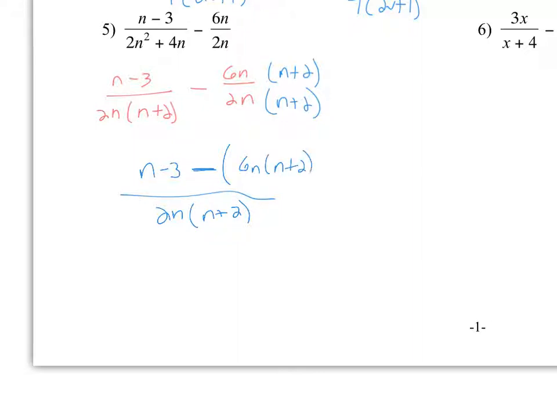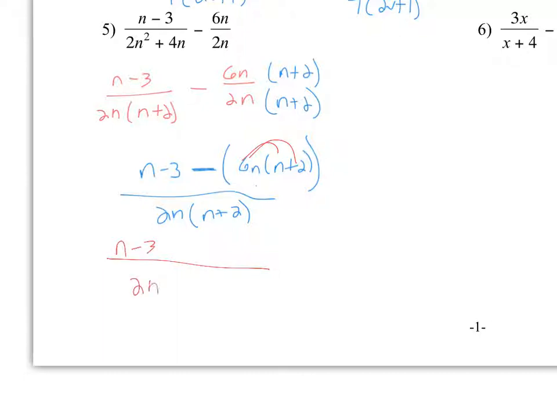And this is where people tend to get messed up on assessments, is that not only do I have to distribute this 6n to both of those, everything in here becomes the opposite sign because I'm essentially taking away that stuff. So just kind of clean it up. I've got to multiply those two together, and I have to multiply it by a negative. So I've got the n minus 3 over here.